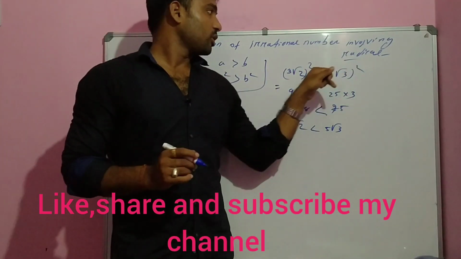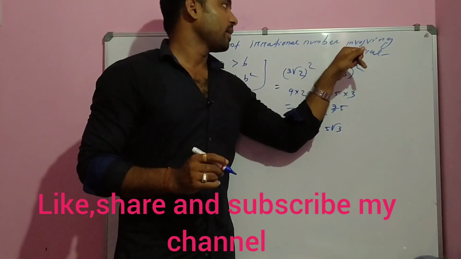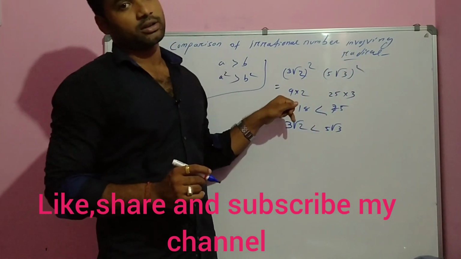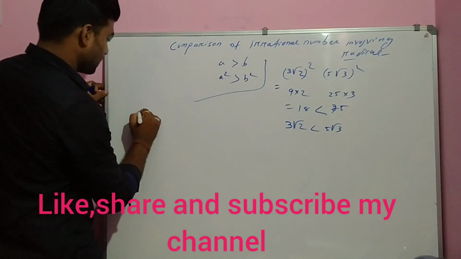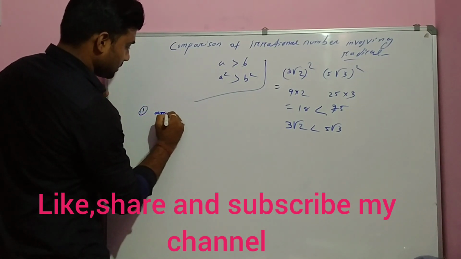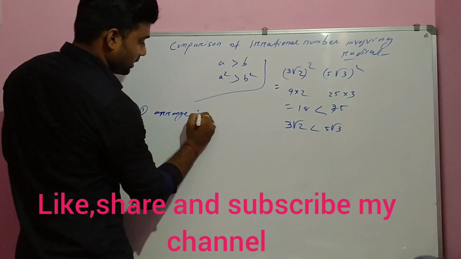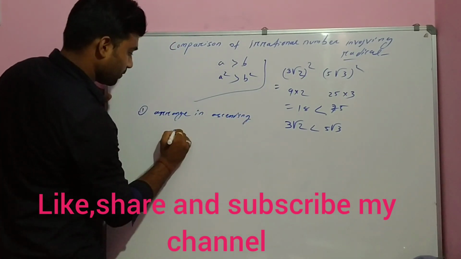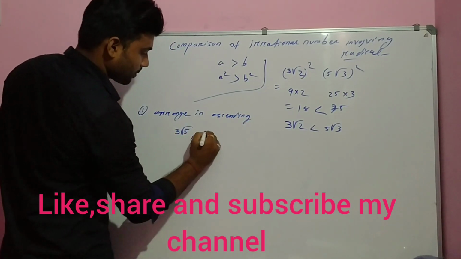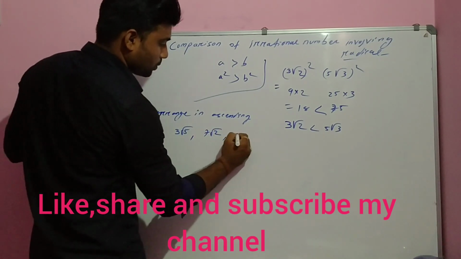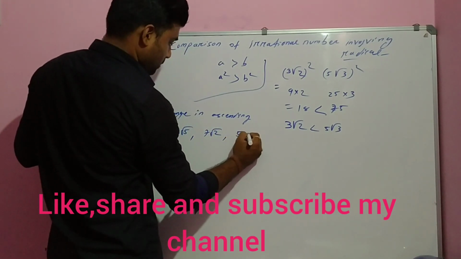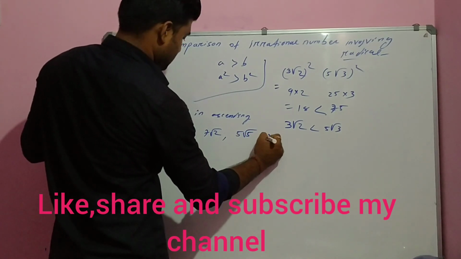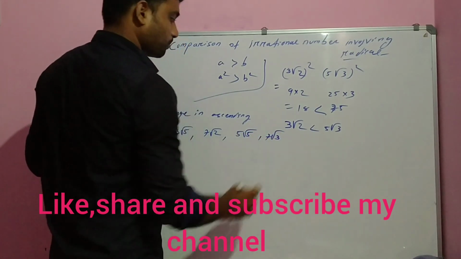If you compare two irrational numbers having radicals, you can also arrange them in ascending or descending order. Suppose a question comes in the exam: arrange in ascending order 3 root 5, 7 root 2, 5 root 5 and 7 root 3.